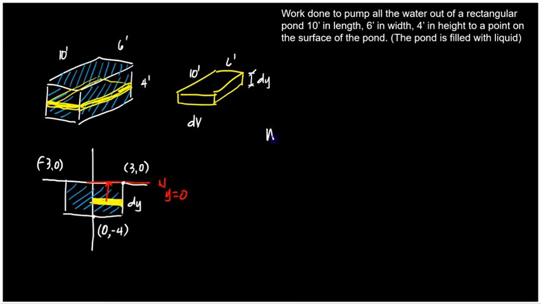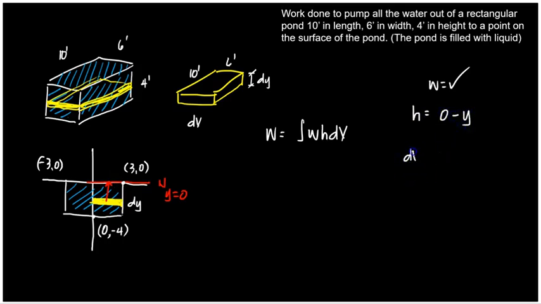So the work is integral of w h dv. The small w, the density, is constant, so let's just use that as constant. Then the height, we need the height, and then the dv. The height will be up to where I need to pump the liquid to, so that is 0 minus y.